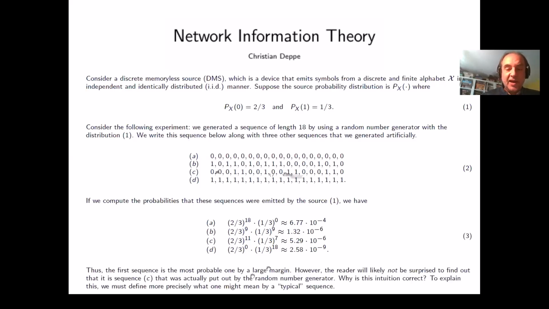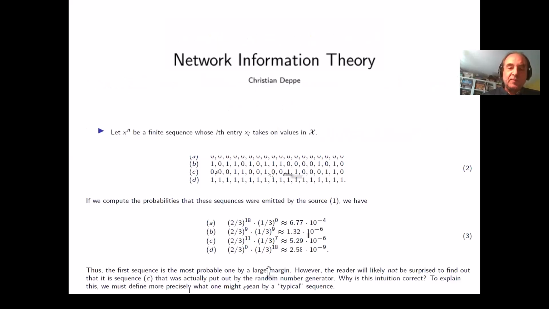So here I write it down again. The first sequence is the most probable. However, when you look at this, you will not be surprised that C is the most typical sequence. This intuition, is it correct? We want to explain this.